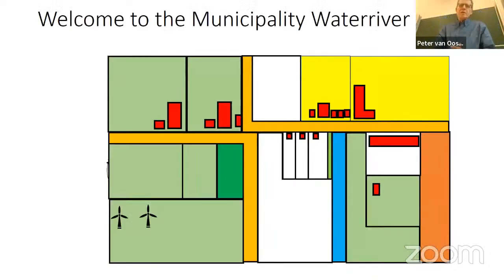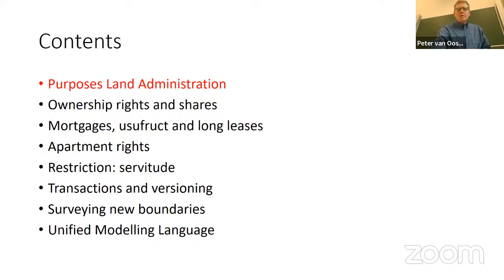Actually, this is the so-called municipality of Water River. Here you see a more colorful map with the land use and some other topographic objects. Step by step, I will take you to the registrations in this town, in this municipality.